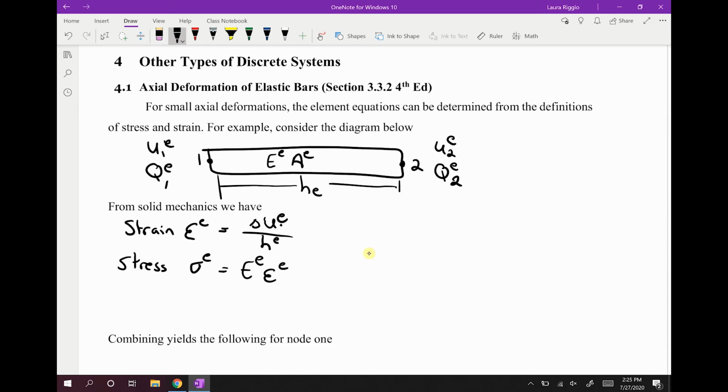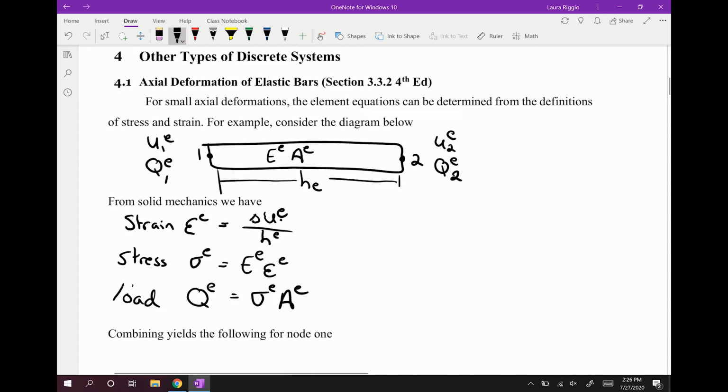We have our load or our force, which is our Q, which is our stress times our cross-sectional area.